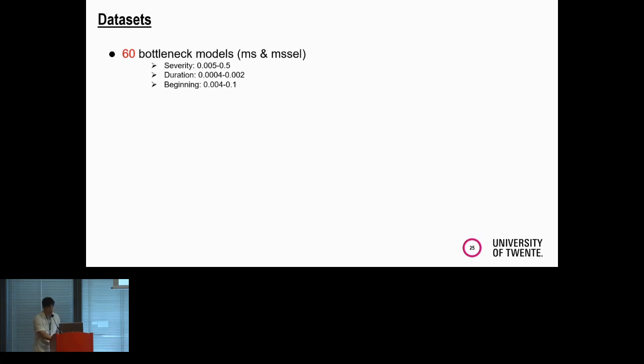In consideration of the complexity of real evolutionary trajectories, here we assume different genetic scenarios. First, we generate 6 different bottleneck models with varying severity, duration, and beginning time. For migration, we generate 10 migration models with different population join times and a fixed sweep start time.